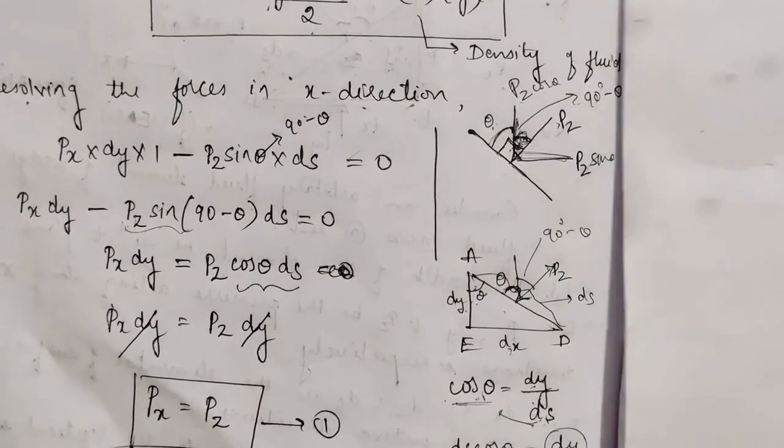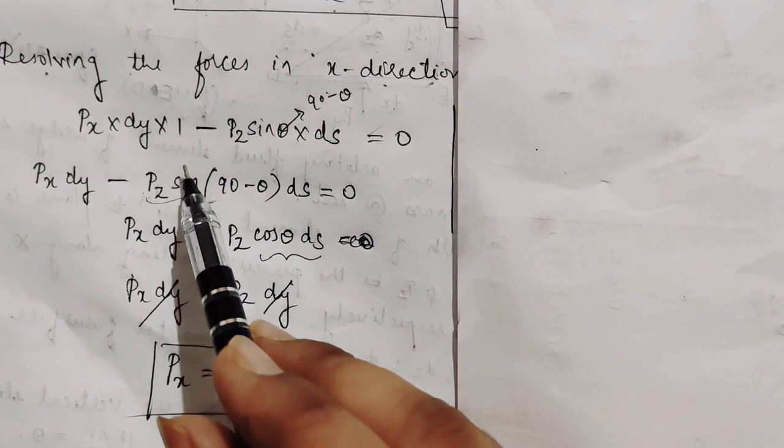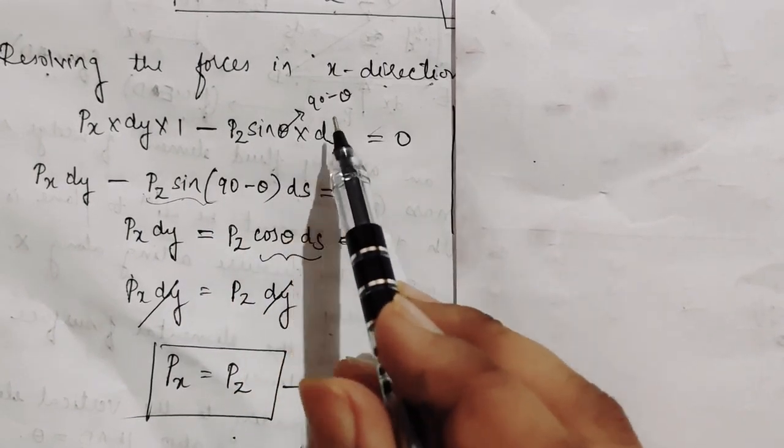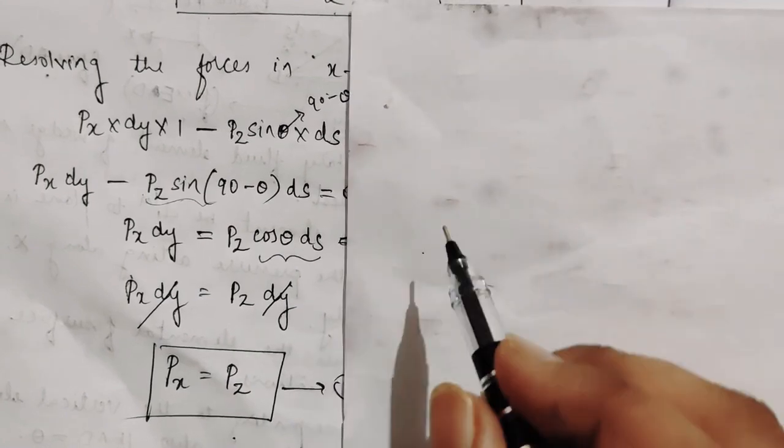Here is another point I wanted to give you. See, px into dy into 1 minus pz into (90 minus theta) into ds, right? This we can calculate by another method also.